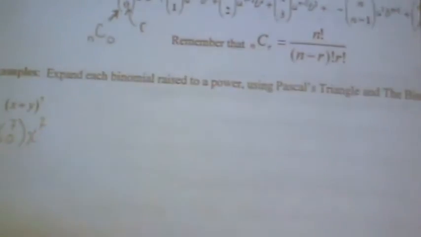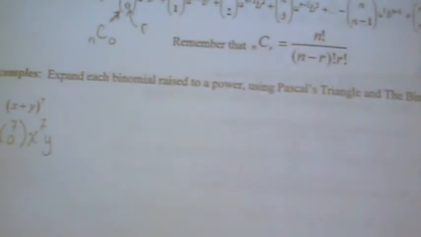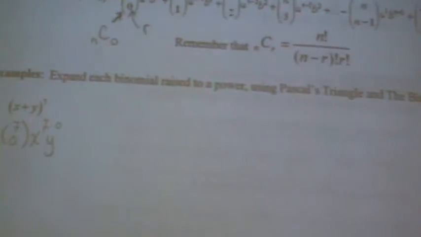And that is also multiplied by our second term, which is a y, and our y will be to the 0 power for our first term. Now remember, when you're writing out these terms, your exponents should add up to equal the power that you're taking your binomial to.